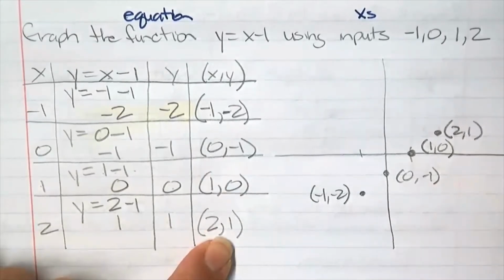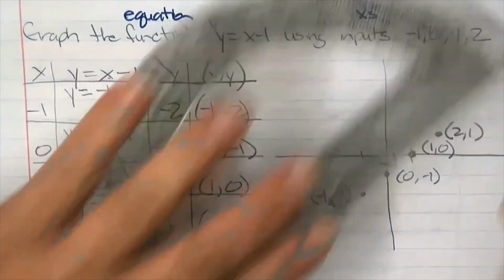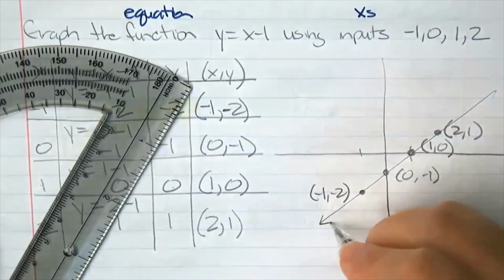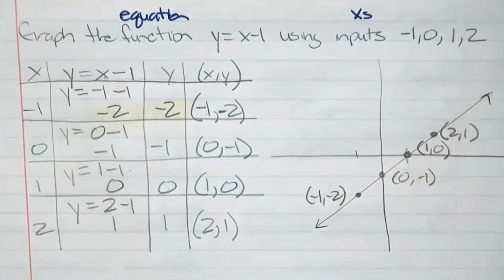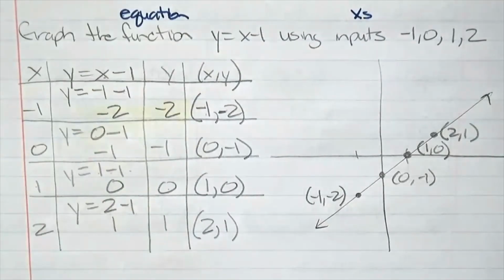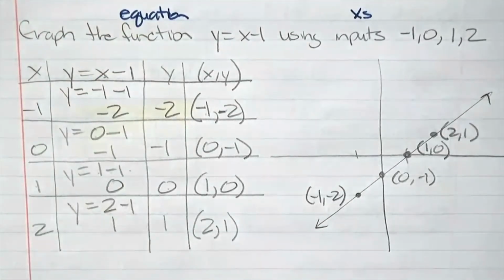And 2, 1. So this should look very familiar. We were graphing equations in chapter 4, and now in chapter 6, we're graphing functions. Different labels, but the same math.